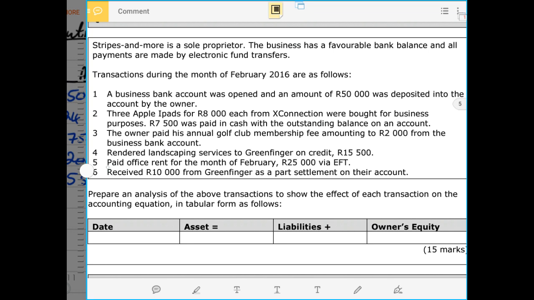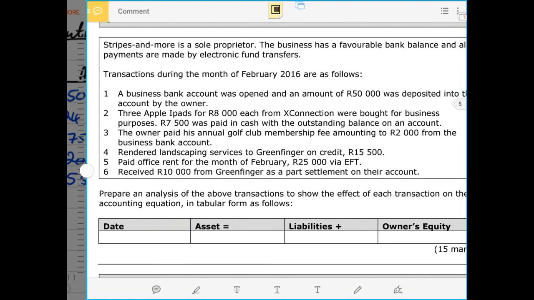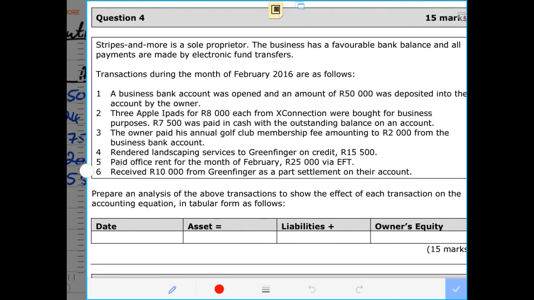Then number 5 says that paid office rent. So now we are paying an office rent, and we know that this is an expense. This is rent expense, and we know that rent expense is increasing.